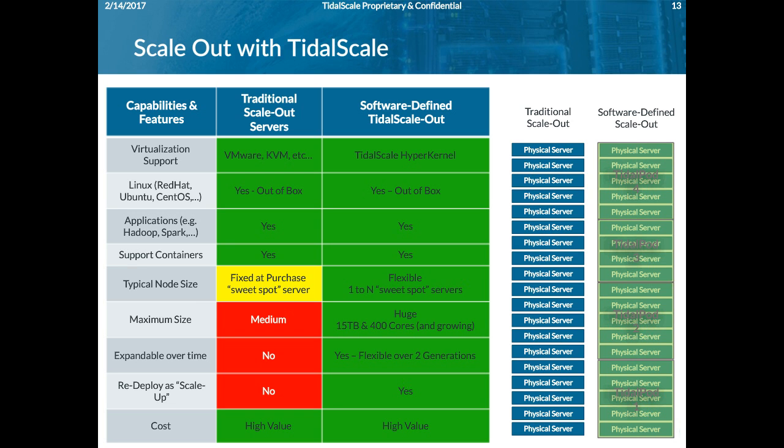And that greatly simplifies the problem and the cost of having to maintain all those versions of all those instances of Linux, all those instances of your application. You can reduce that by a factor of 5, 10, or 20 trivially with TidalScale, which greatly reduces your operational cost.